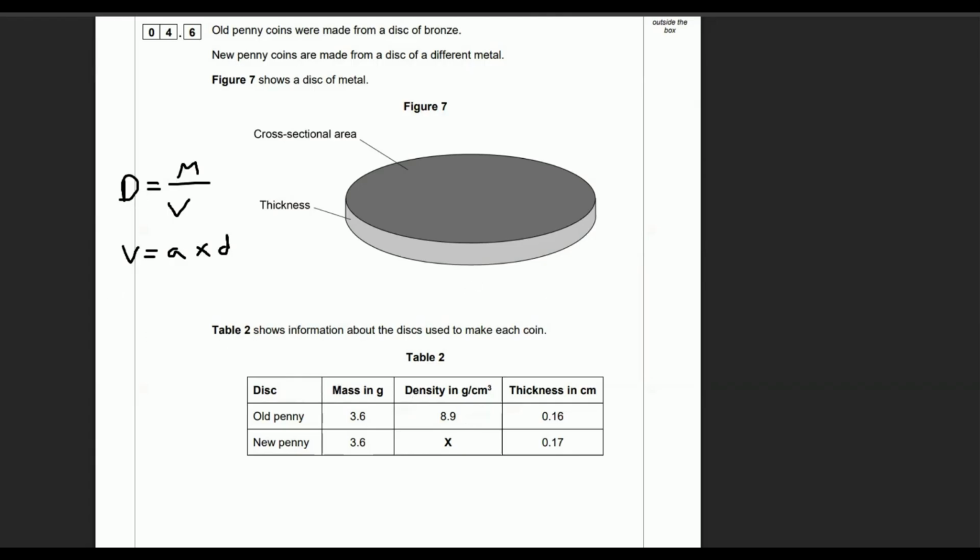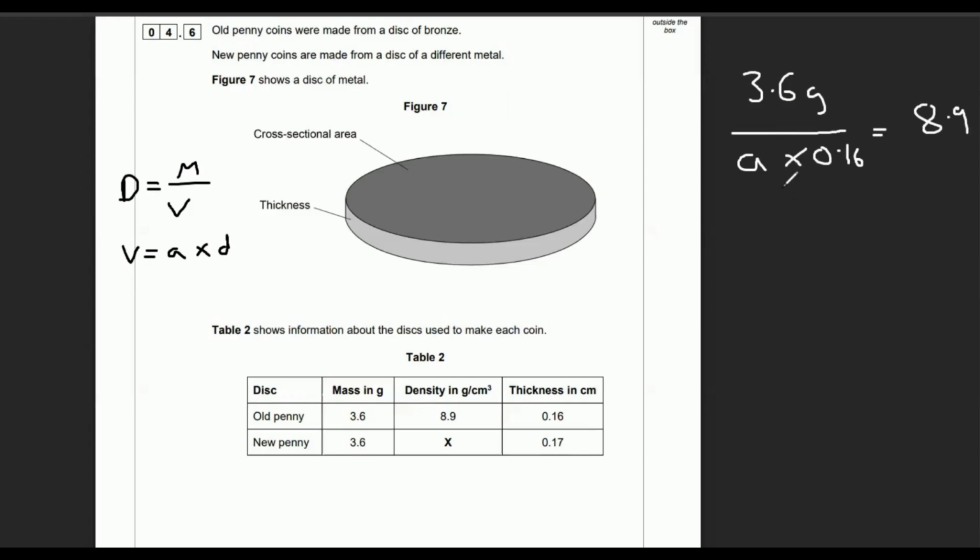So I'm going to go to white so I can write on the side up here. Let's go. We've got 3.6 grams. This is for the old penny. I'm going to divide that. Now, I don't have the volume anywhere here, but I do have the thickness, and area times depth or thickness, so area times 0.16, that is equivalent to the volume, and that is equal to my density of 8.9.